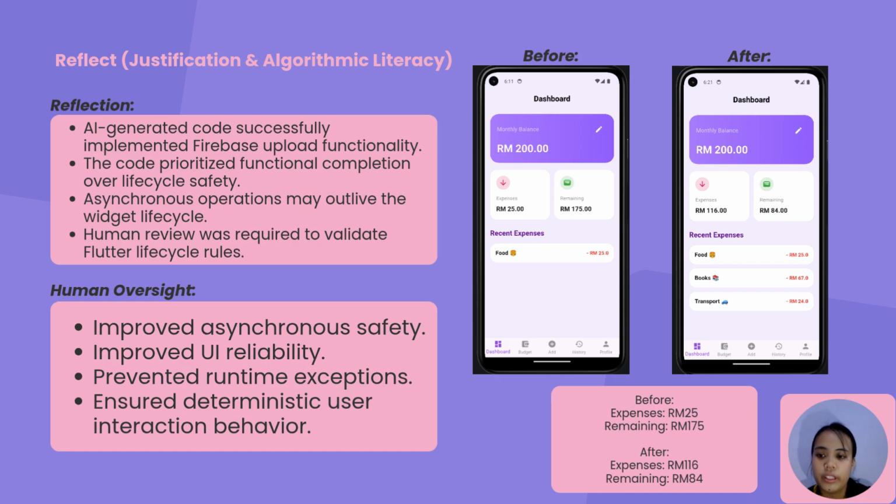Through the GDPR audit process, I improved asynchronous safety, UI reliability, and prevented potential runtime errors. Overall, this audit shows that AI-generated code can work, but human review is still necessary to ensure safe and reliable application behavior. That's it from me. Thank you.